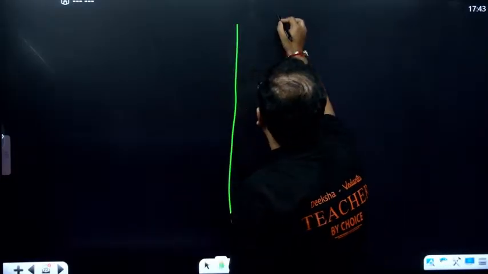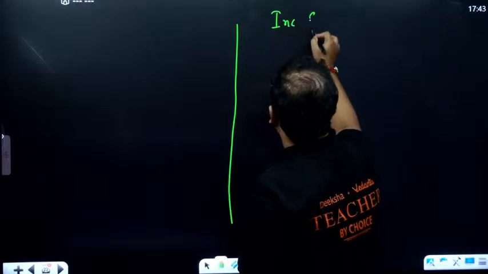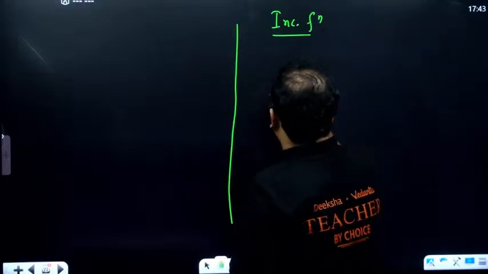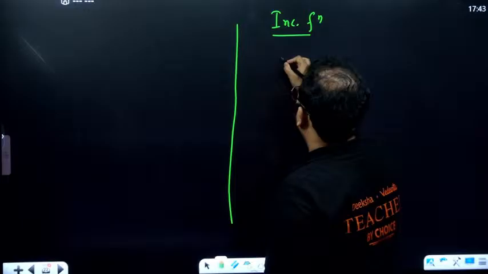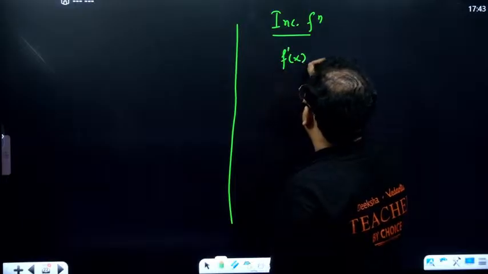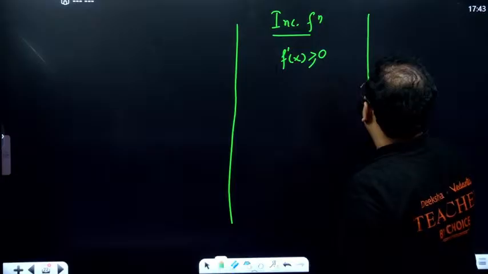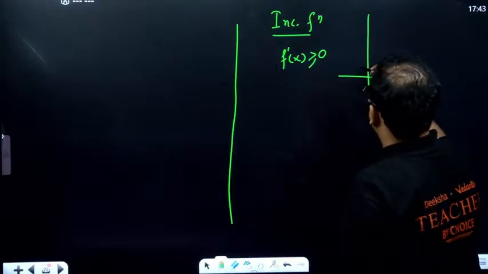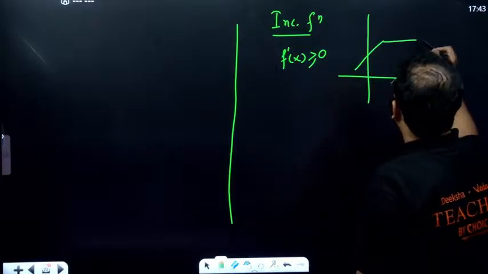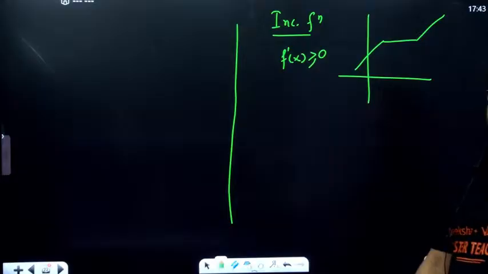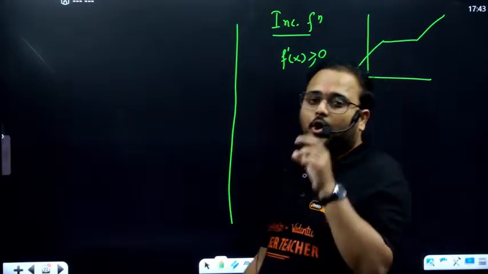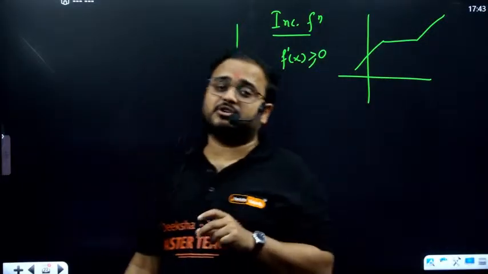If I talk about an increasing function, the nature looks like this. First of all, the condition is that f dash of x must be 0 or more than 0, and the graph curve looks like this. It is increasing, constant someplace, and then again increasing. This is the example of an increasing or non-decreasing function.